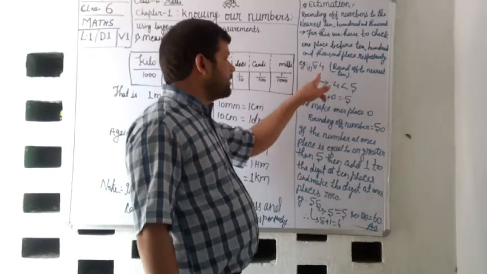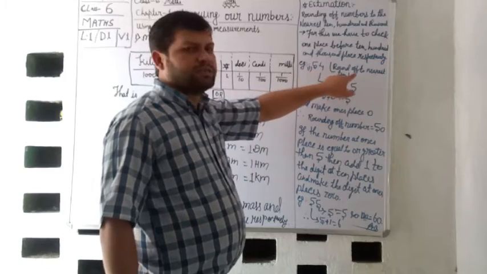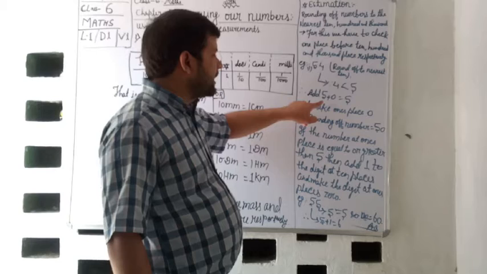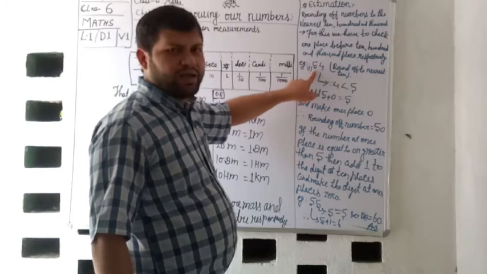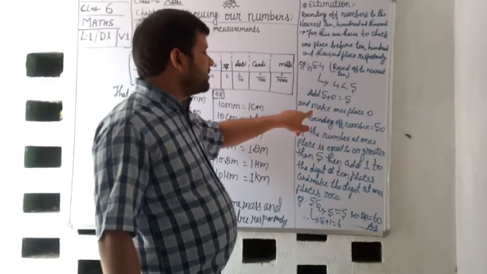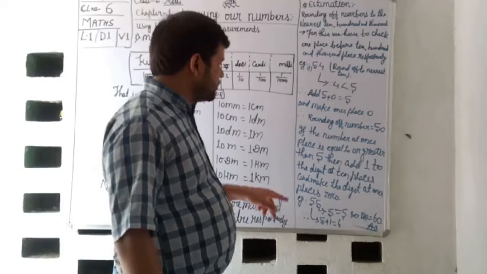For example, take 54 and round it off to the nearest 10. Here 4 is less than 5, so 5 stays at the tens place and we make the ones place 0.